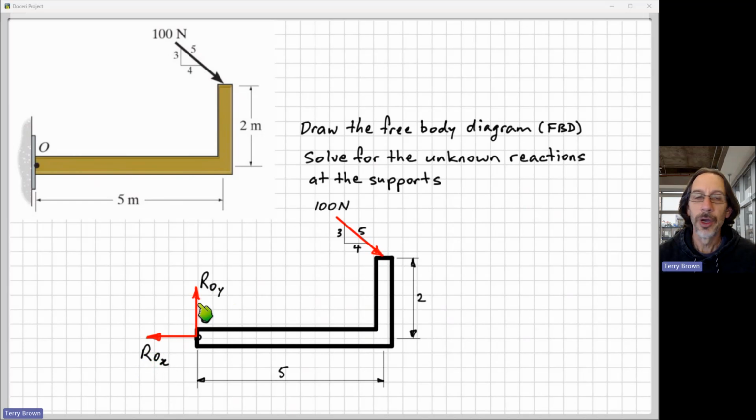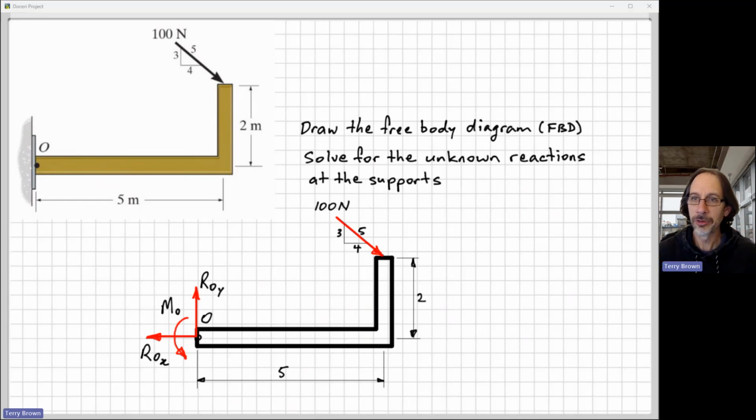We've now got the vertical component of the reaction force at O acting upwards, because we can see from over here that this force is acting vertically downwards, or the component of that force. And then we have a moment. If we again look at the little window of me off to the side, if I pull down in the same direction that force is pushing, you can see that will tend to be a clockwise rotation of the body.